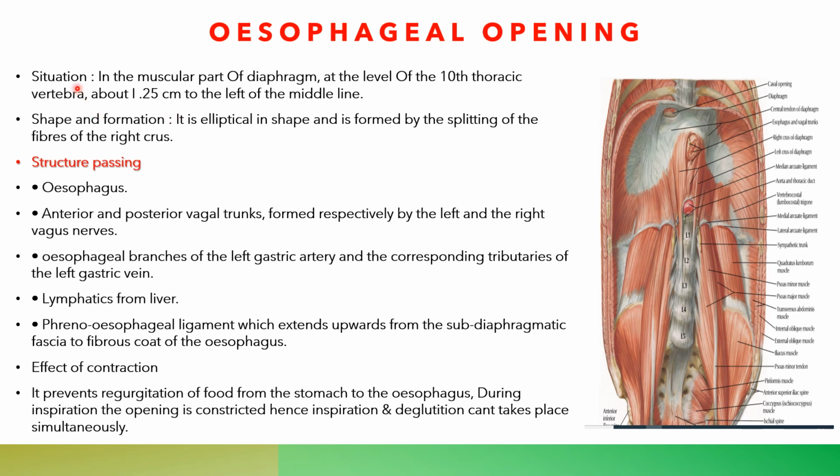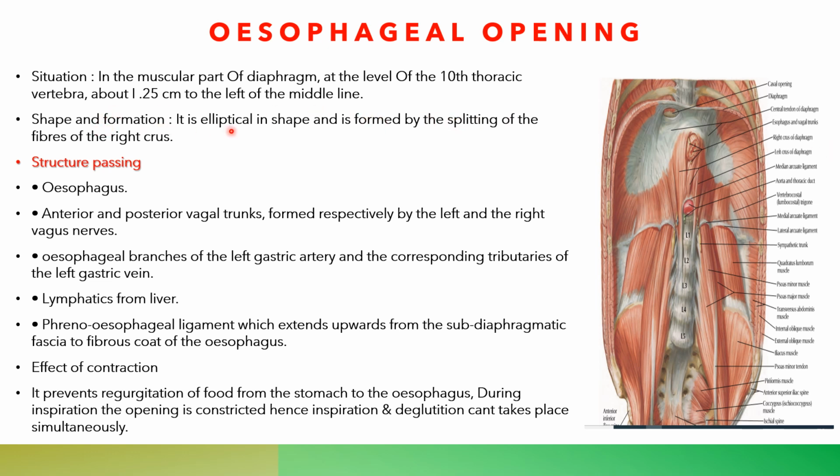It is situated in the muscular part of the diaphragm at the level of the 10th thoracic vertebra, about 1.25 centimeters left of the median plane. This is important, you have to remember.